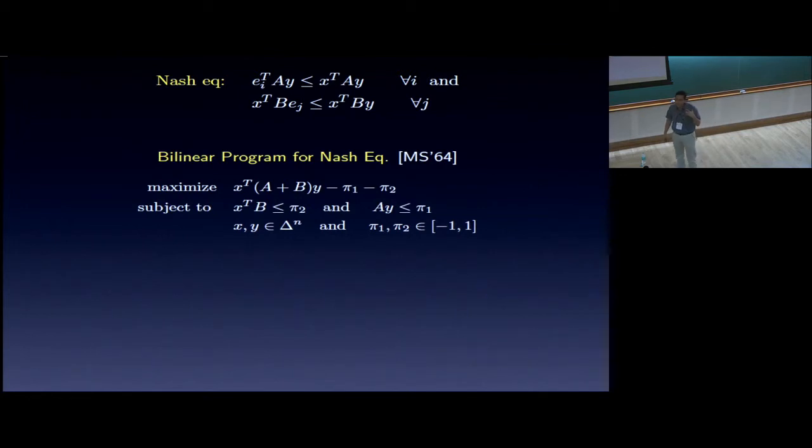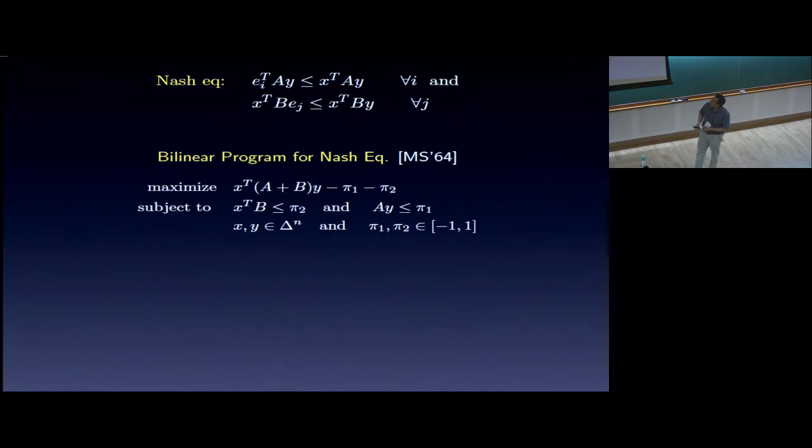That is, give me matrices A and B. If I am able to optimally solve this bilinear program, I'll have a Nash equilibrium. So the optimal solutions of this bilinear program are exactly the Nash equilibria of the game defined by matrices A and B.